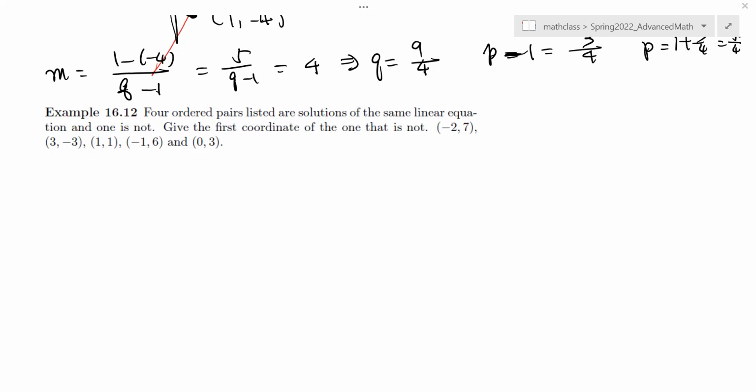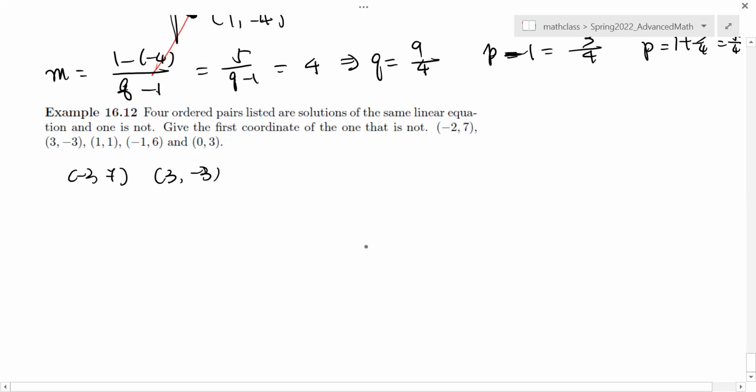So I try to find the slope of these pairs. Each pair of the points, -2 and 7, 3 and -3, and I find the slope of those 2 points.